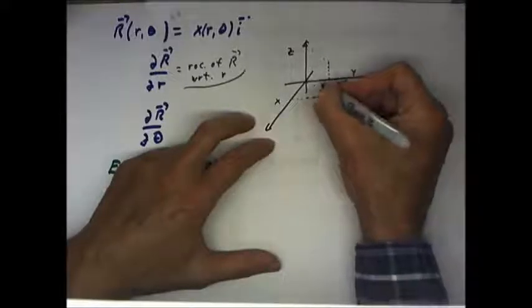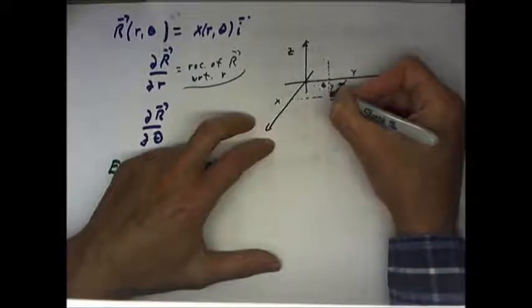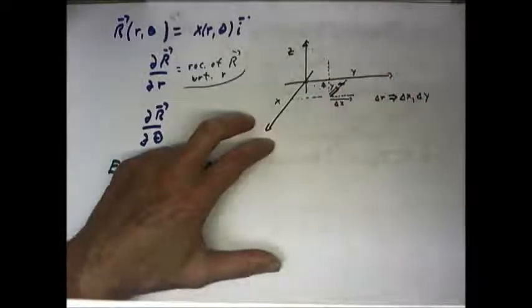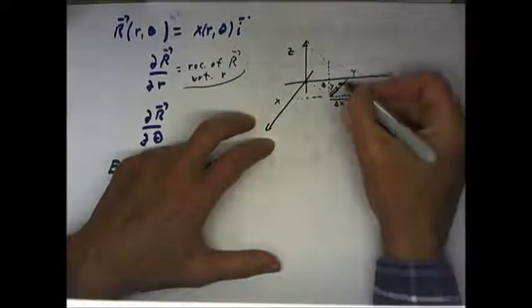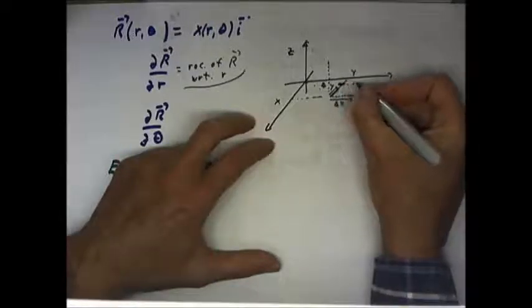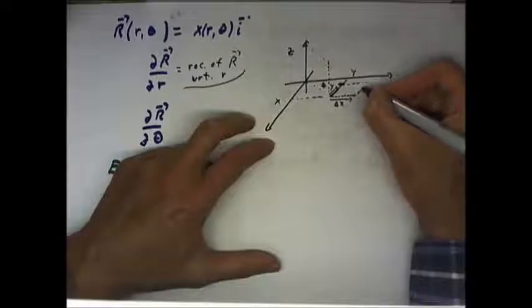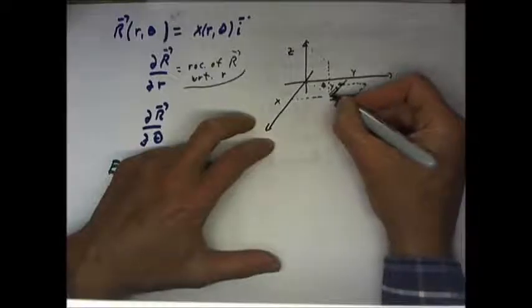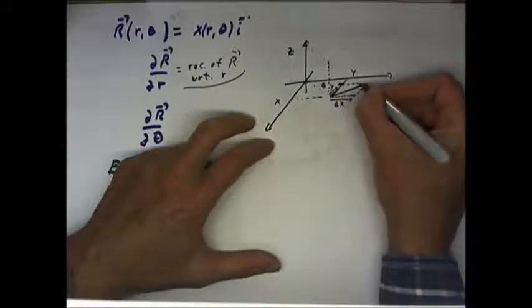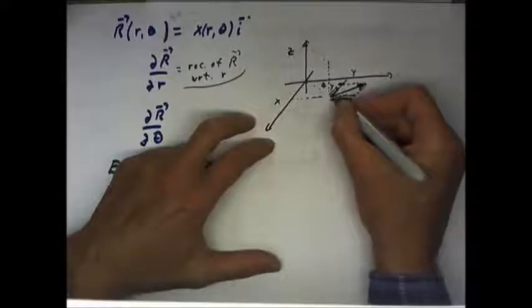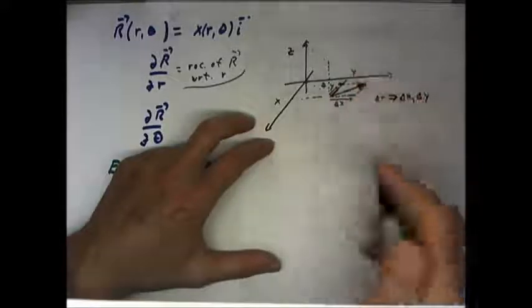So we've got a delta y here, and those combine to give us a change in position within the plane.